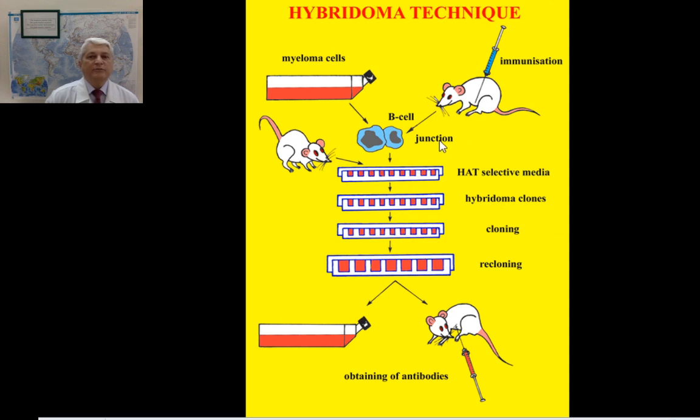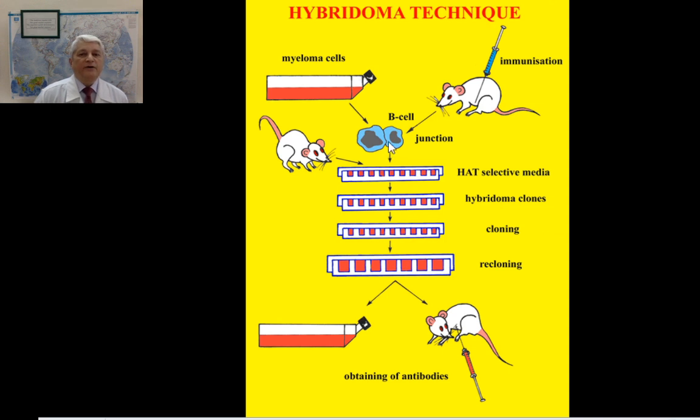Then we take B lymphocytes from this mouse and put them in the same test tube with malignant tumor cells, and then we force junction or fusion of these cells.